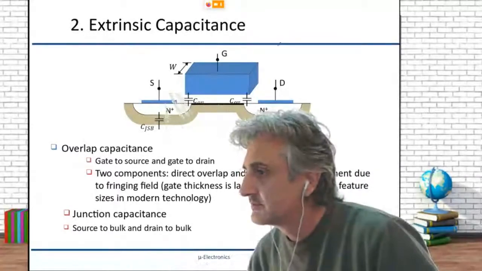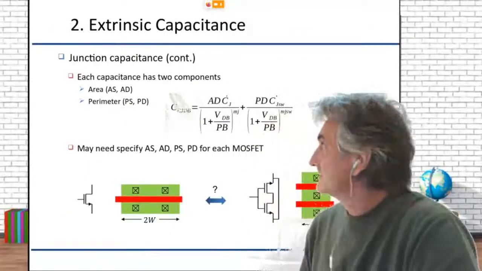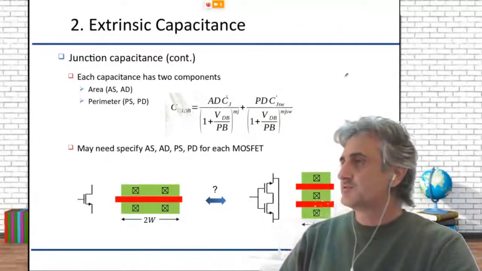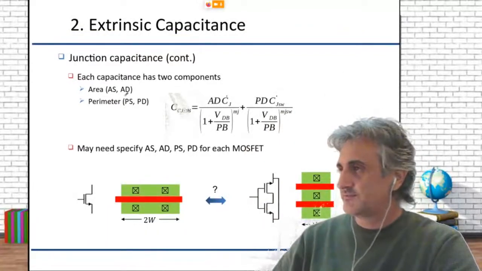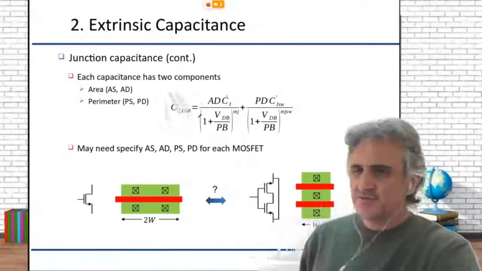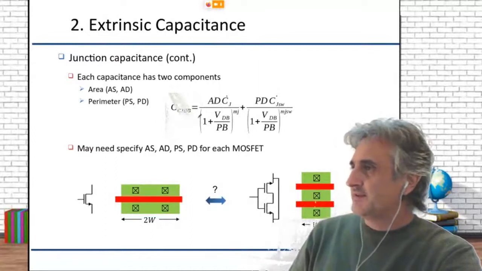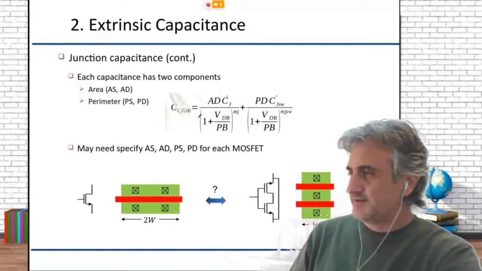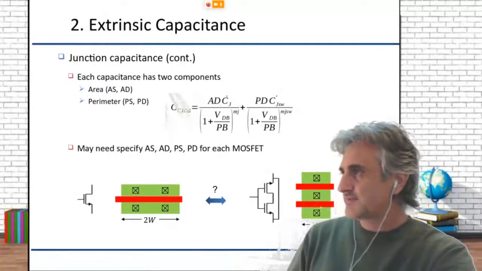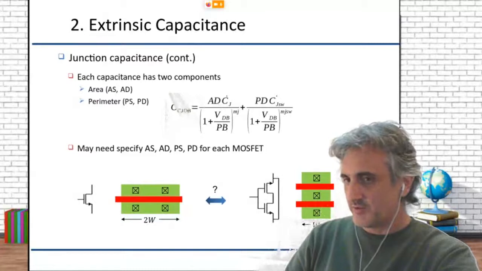These capacitances are modeled using this formula, which is the formula of the capacitances of a diode. We will not derive it, just believe it. AD is the area of the device, of the drain in this case, and PD is the perimeter of the device.